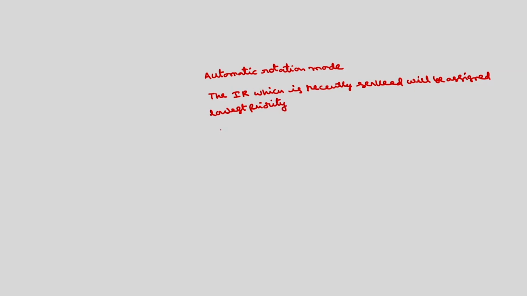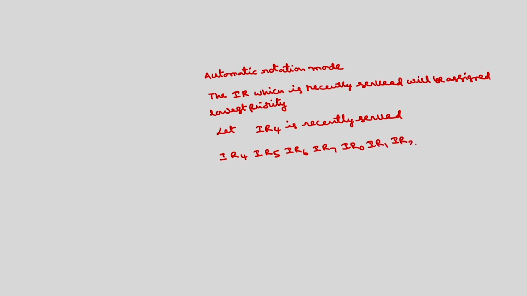For example, let IR4 be recently served. The order of priority will be IR4, then IR5, IR6, IR7, then IR0, IR1, IR2, IR3.